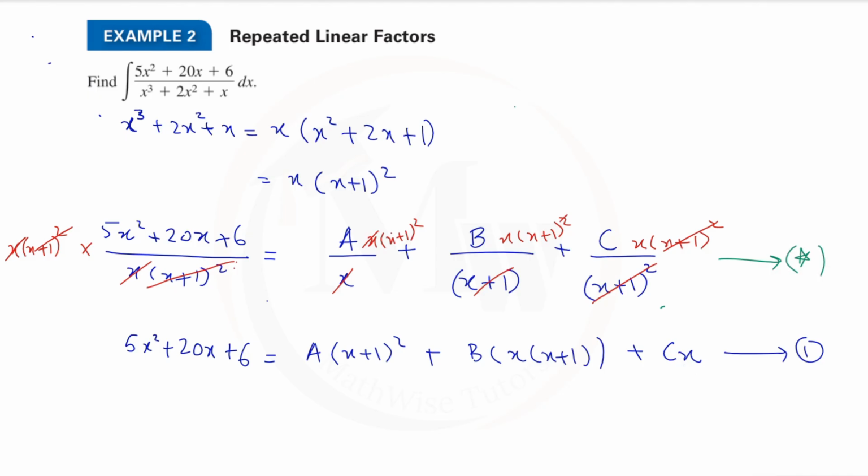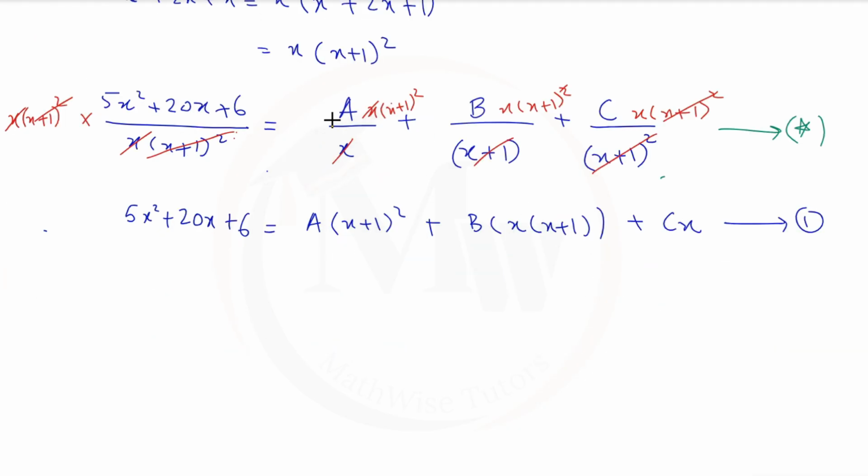So this is equation 1. What I told you, the next thing, I told you that if you have linear factors, you set it equal to 0 and put the x value into the equation. So what linear factors do we have? X and x plus 1, right? So first put x is equal to 0. So we plug in just x is equal to 0 in the above equation, wherever the x is.